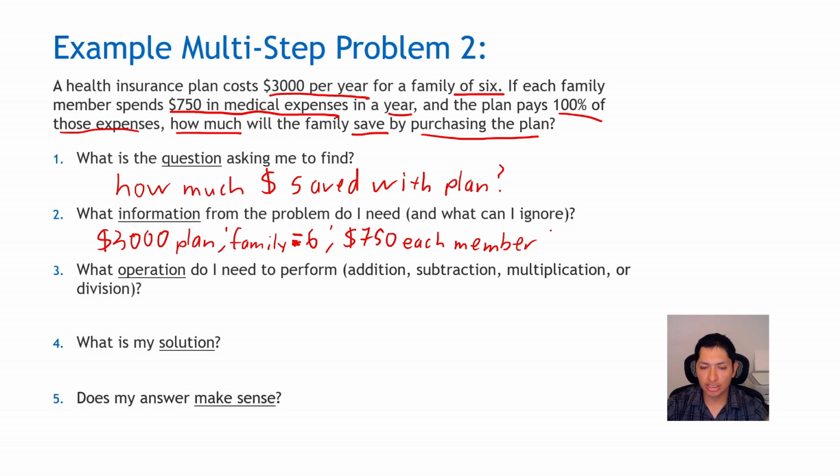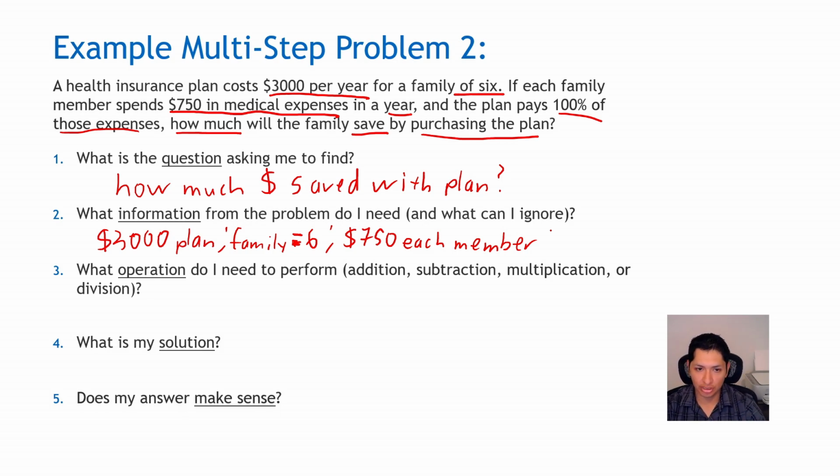If you know how much they spend, if you know how much your family spends, is it better to get the health insurance plan or not? Because you want the health insurance plan if your medical expenses are greater than $3,000, right? Because you pay $3,000 for sure, but if your medical expenses are more than that, well then yeah, you only pay $3,000 and your medical expenses, let's say, were $6,000. Well, that's great.